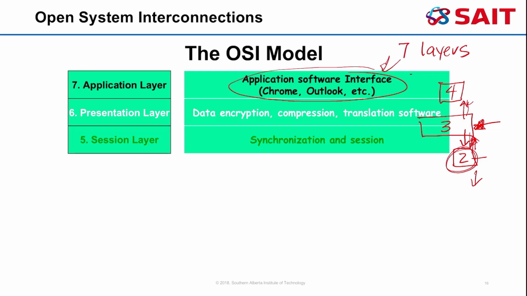This is where layer 5 comes in to create those sessions, set them up, and synchronize them from one end to the other so that the session you're on lines up with the session the server assigns you.